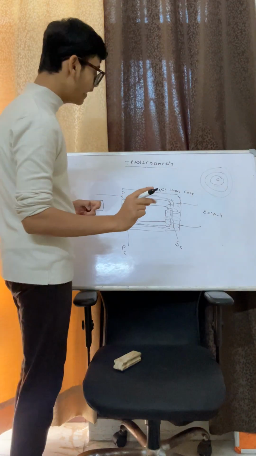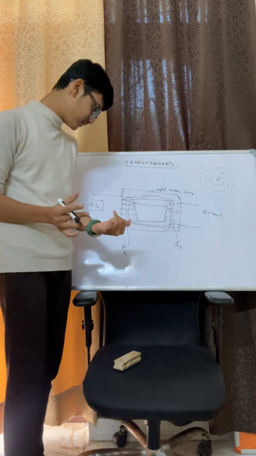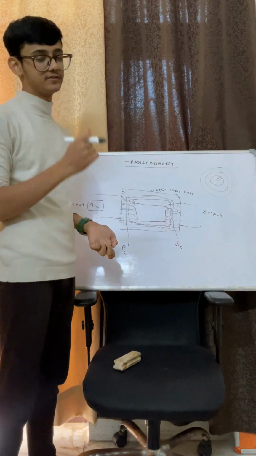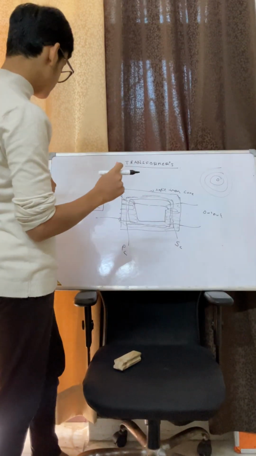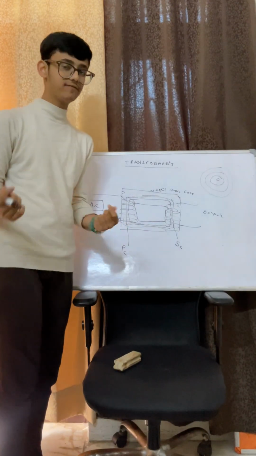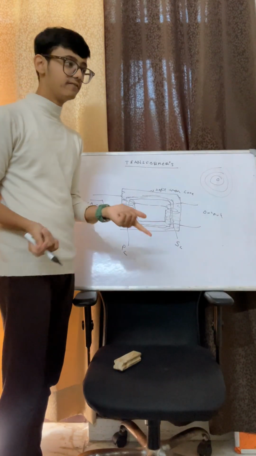Two questions that could arise in a curious mind. The first one is why only alternating current? The reason there is always an alternating current is because we need a changing magnetic flux, a changing magnetic field basically.